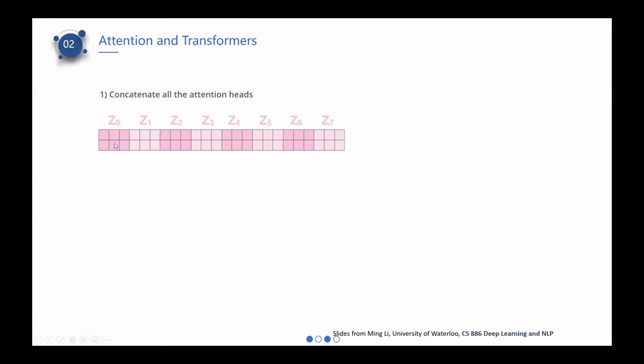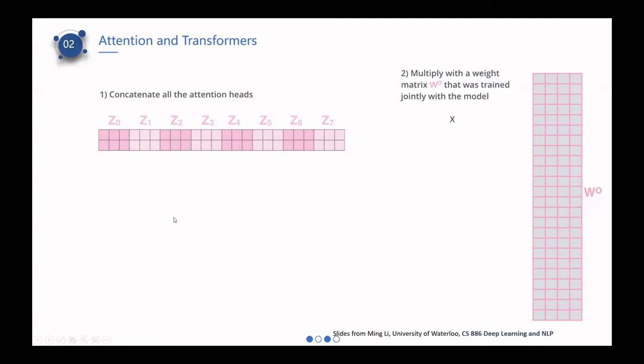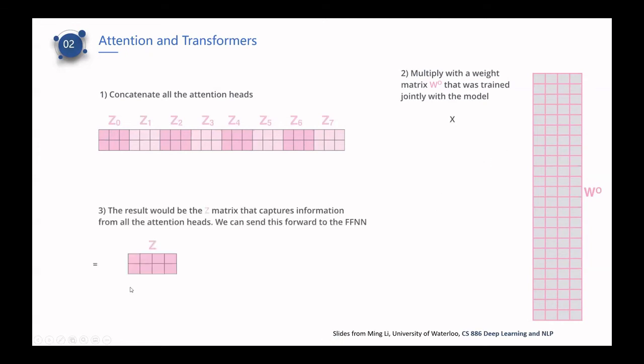Each one is a 2-word 'thinking machines' case. To combine them, we have another matrix, W0. We multiply with it and finally get just one Z, using the multiple heads.